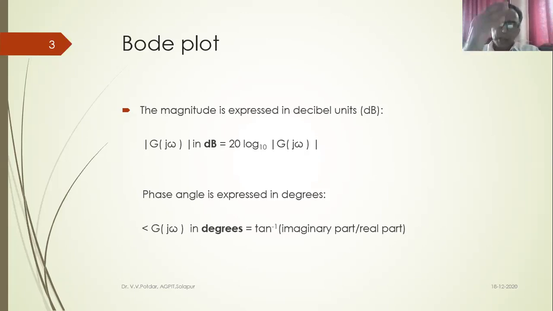From the nature of the plots, I find the stability terms called gain margin and phase margin. These should be positive for the system to be stable. If they are not positive, the system tends to become unstable.